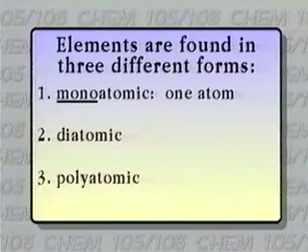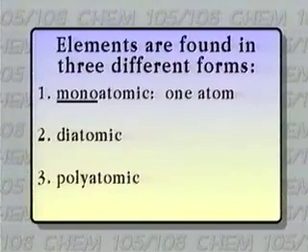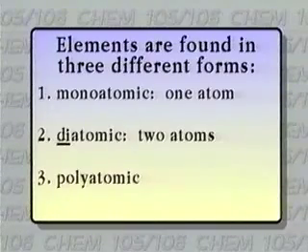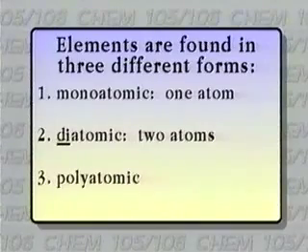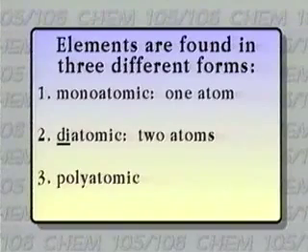In other words, the element consists of individual atoms. That's a monoatomic element. A diatomic, di is a prefix meaning two, and so those elements exist not as individual atoms, but as molecules containing two atoms. That's what diatomic means.